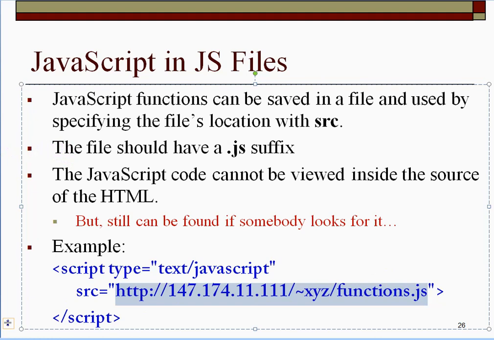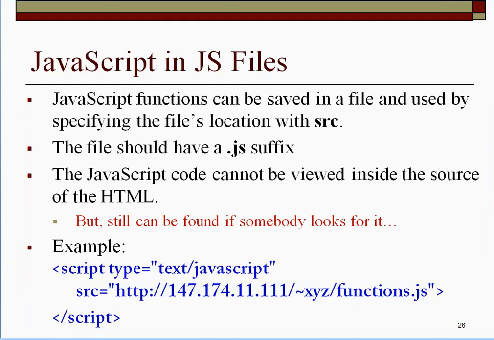JavaScript code cannot be viewed inside the source of the HTML if you are including it like this, because viewing the source of the document will show you the HTML code that was received, but JavaScript code that was imported will not be shown. However, anybody who would like to get it and knows how to look for it can find it.